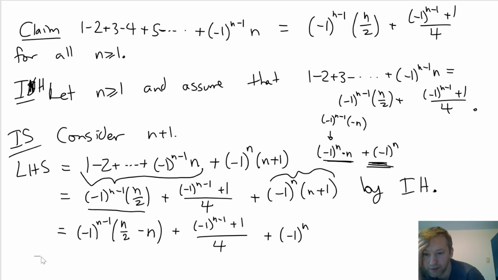Okay, so what this gives me is now something like negative 1 to the n minus 1. Sorry, actually, what's happening in here? We get an n over 2, but then it's minus n, so it's like a negative n over 2. So that negative can be absorbed into this to give me negative 1 to the n times n over 2.